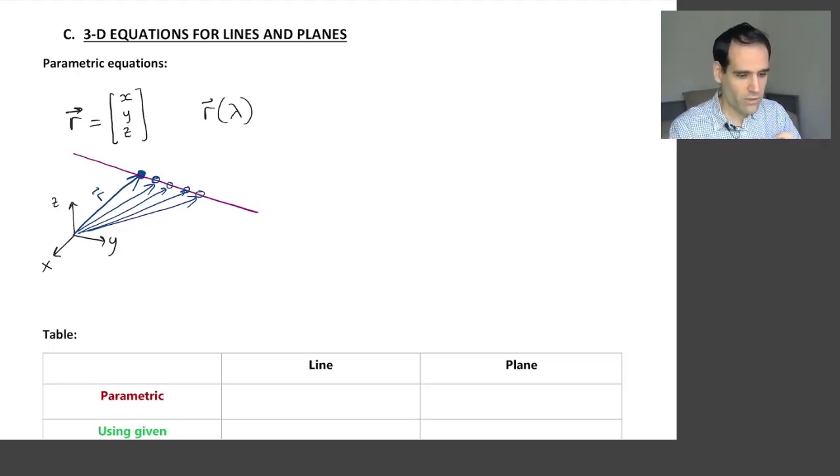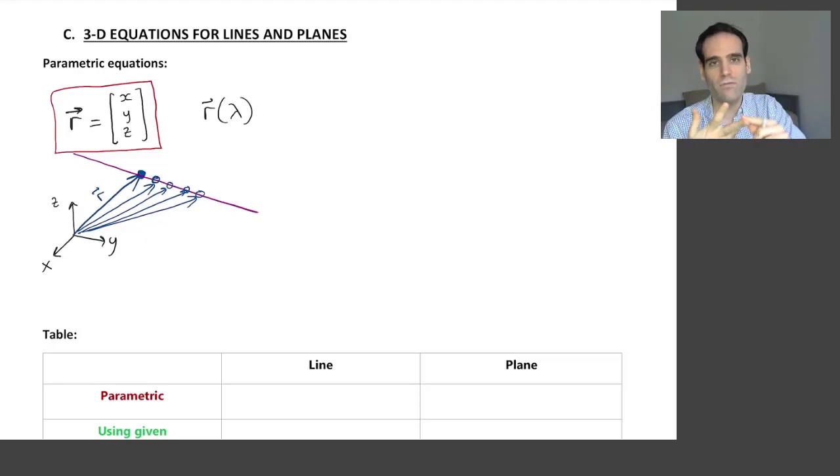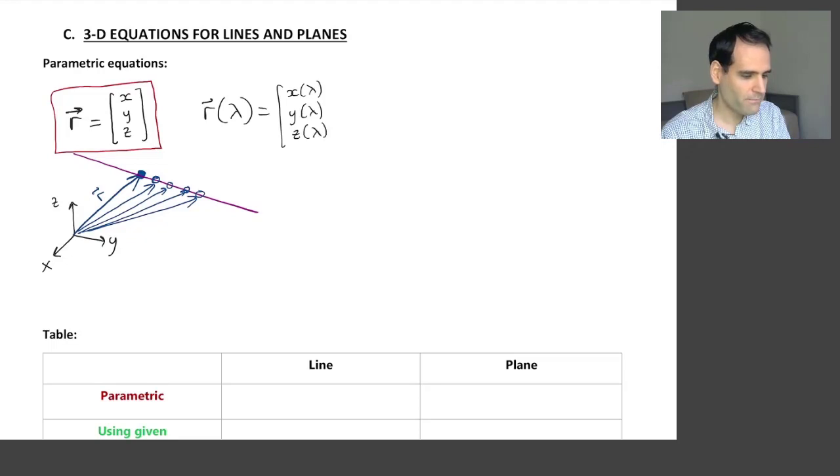So it's very, very important to remember that this vector r is just x, y, z. So x, y, z will also depend on lambda, right? Once you fix lambda, you have a value for x, a value for y, and a value for z. So you could say that x is a function of lambda, y is a function of lambda, and z is a function of lambda.